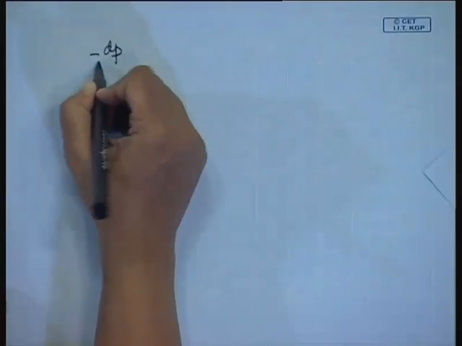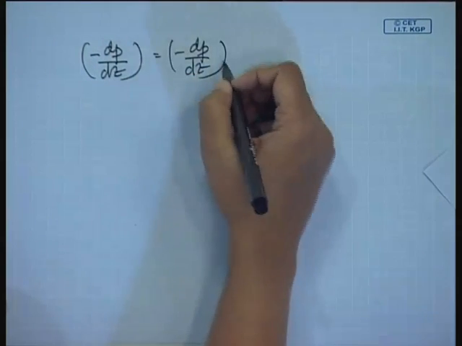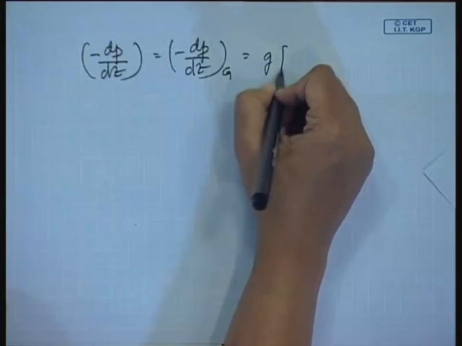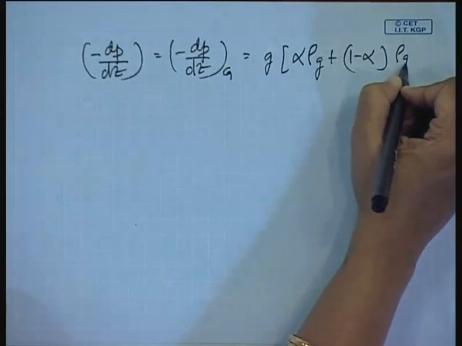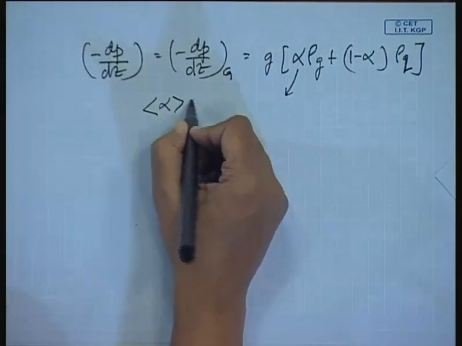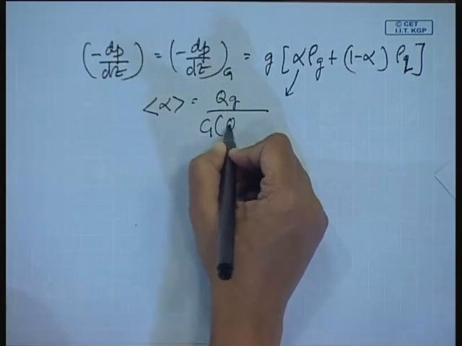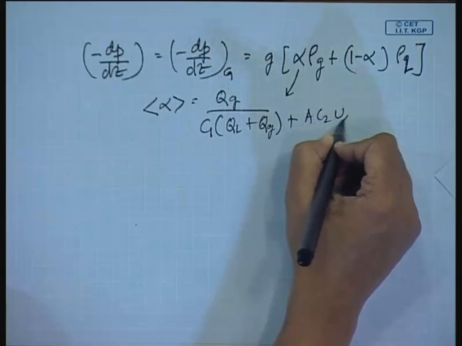So, therefore, we find that the pressure gradient in this particular case, minus dp dz, should predominantly consist of the gravitational pressure gradient, which is nothing but g into alpha rho g plus 1 minus alpha rho L, where this alpha is given as I have already told you. This is nothing but the area average, C1 (QL plus QG) plus A C2 u infinity.